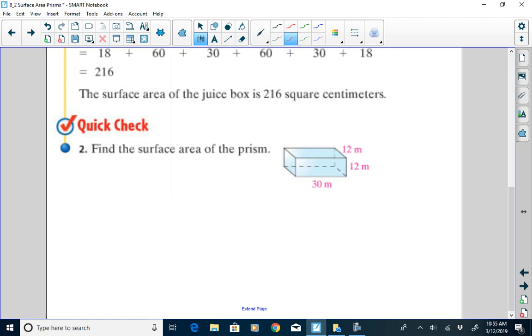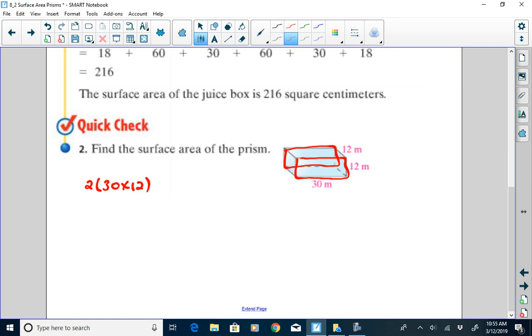So let's start with the first two rectangles. Let's start with this front rectangle and this back rectangle. Obviously those rectangles would be the same, but we need the length and the width of those rectangles. Length would be 30, width would be 12. So I have two rectangles that are 30 times 12.